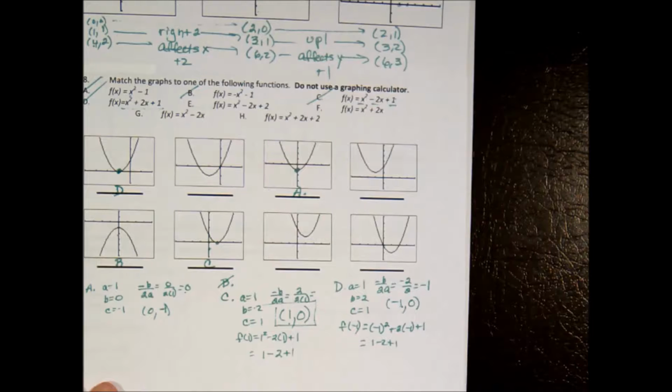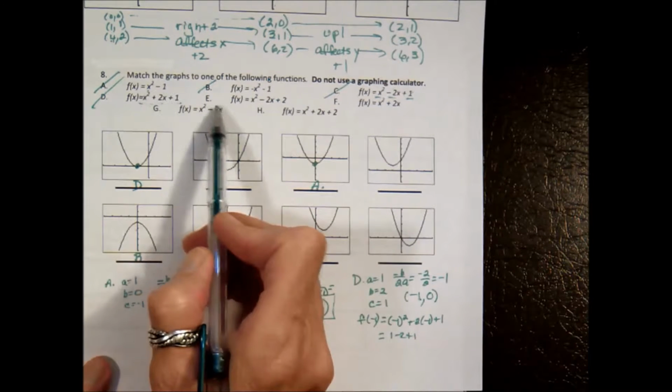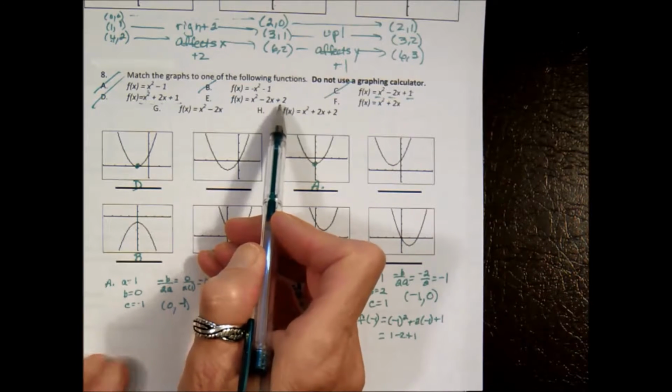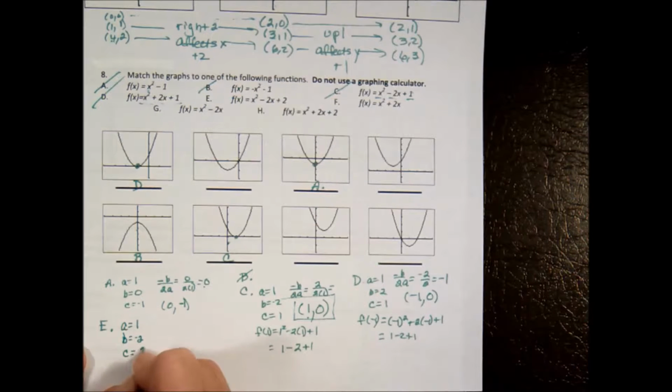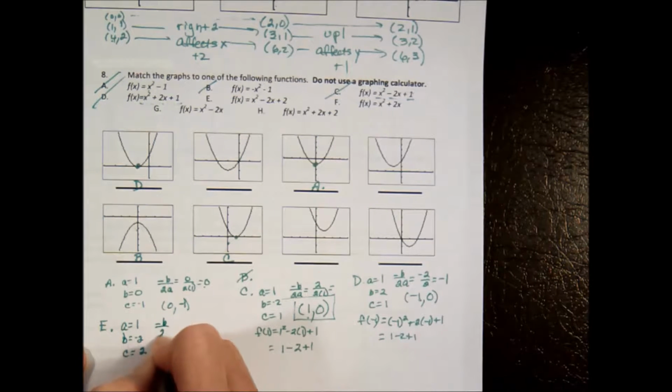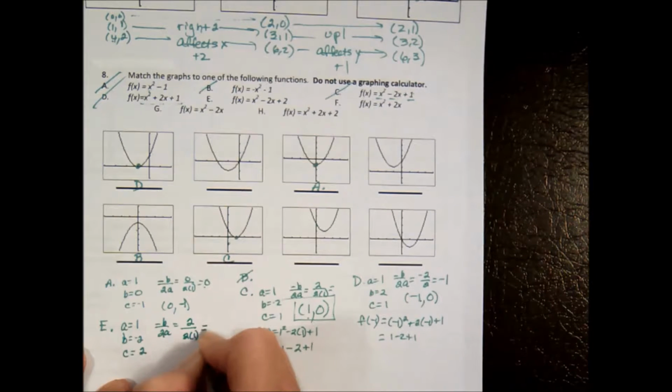All right, let's look at E. X squared minus 2x plus 2. So for E, my A is 1, my B is -2, and my C is +2. So -B over 2A is 2 over 2 times 1, which is again 1.